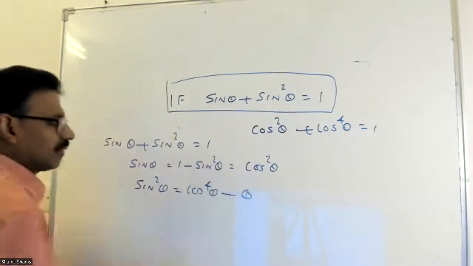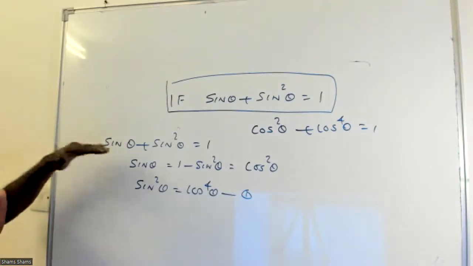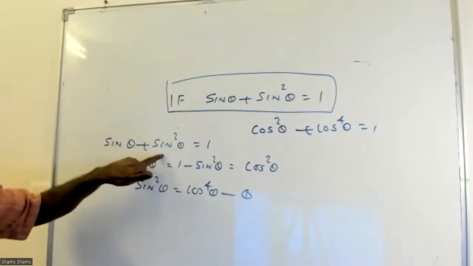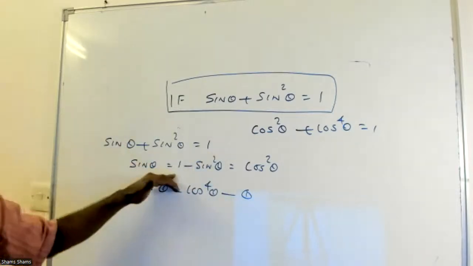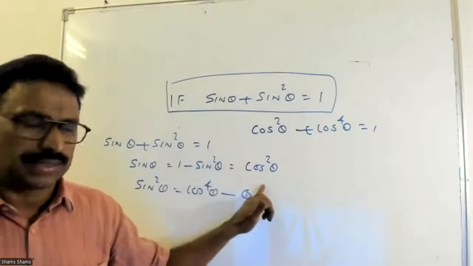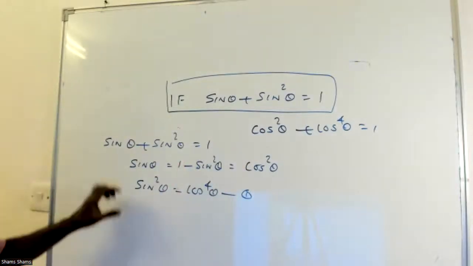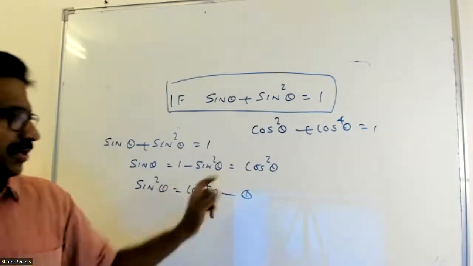This is number one. Once again, this part is given: sin theta plus sin square theta equal to 1, so sin theta equal to 1 minus sin square theta, and 1 minus sin square theta equal to cos square theta. Squaring on both sides, sin square theta equal to cos raised to 4 theta.